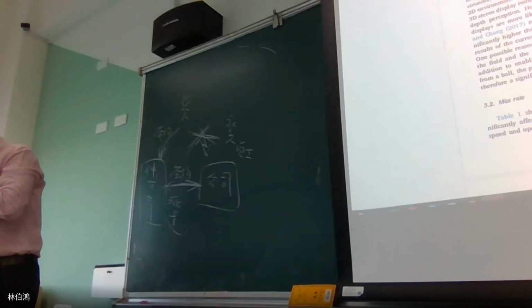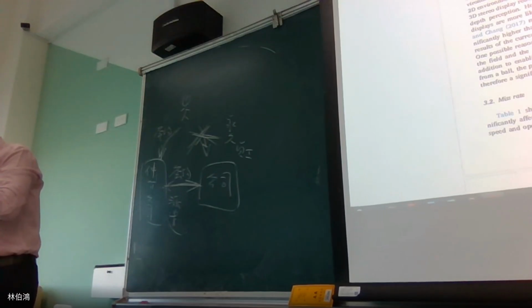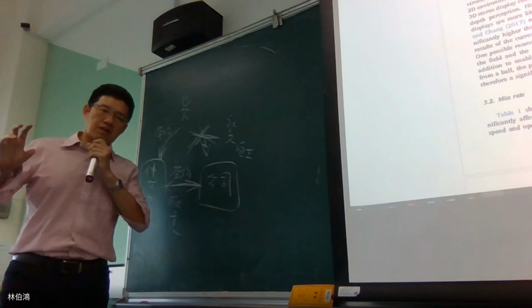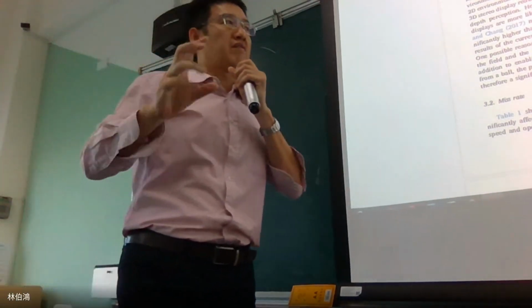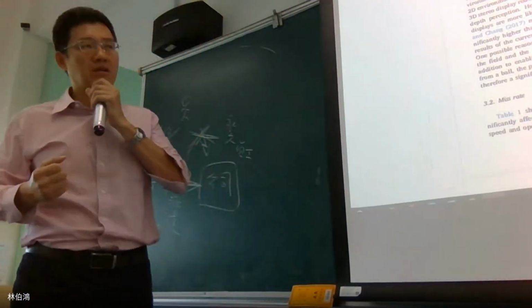Let us also say that the 3D display deepens the depth of the field, and the stereoscopic sense also makes the participants, if they see the 3D and the baseball, have more impression about that.